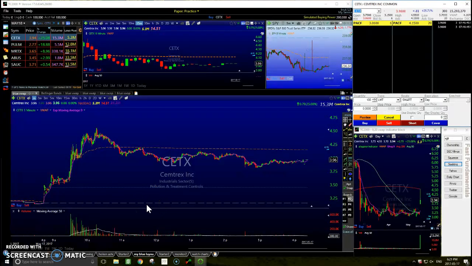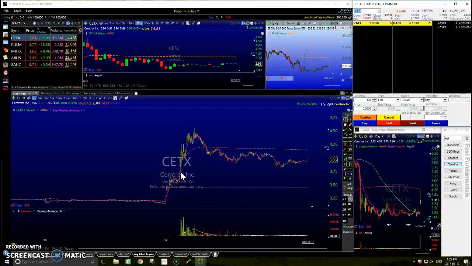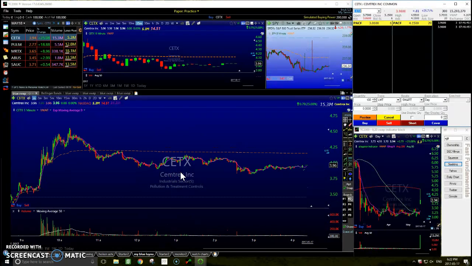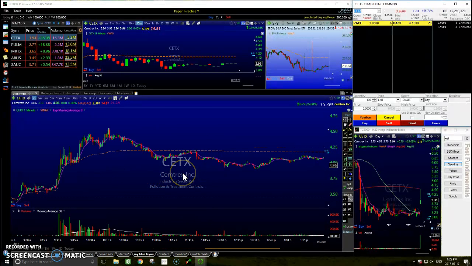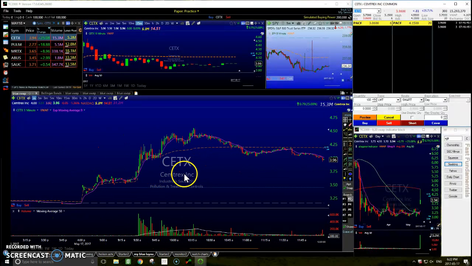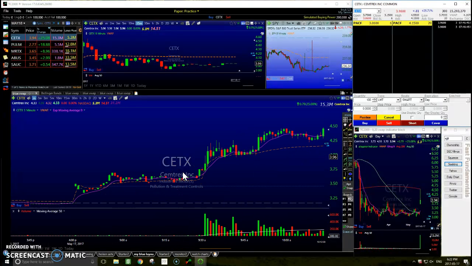Okay, let's get into it here. We'll use CTIX as an example because it's actually just a perfect example here of the gap and go strategy this morning. This gave an absolutely perfect example of how to play it, as well as what to do if you miss that opportunity.